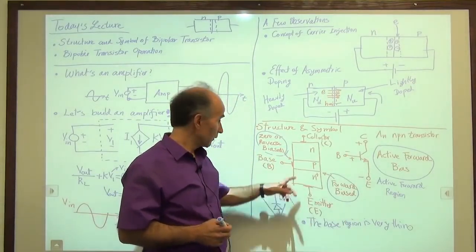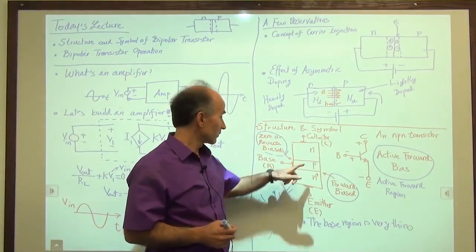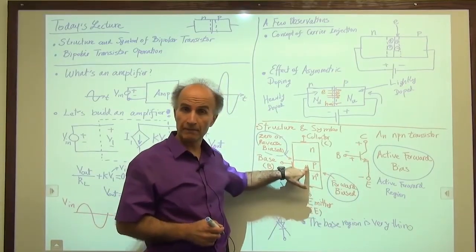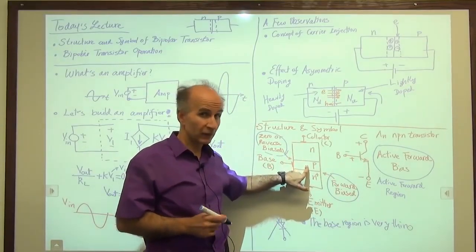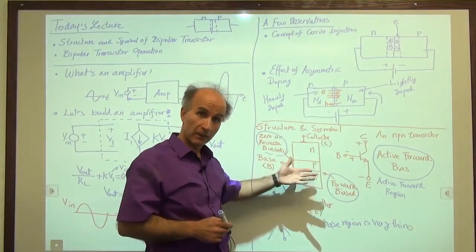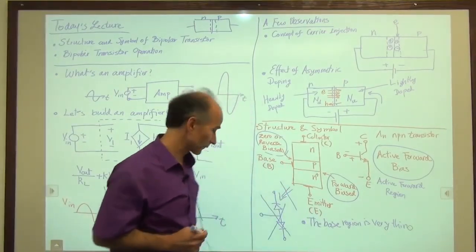What happens? Well, forward bias means there's a current flowing, so that's good. Reverse bias means no current flowing. Well, that wouldn't be that good. So something else must be happening that makes this device interesting and useful. So we have to understand that.